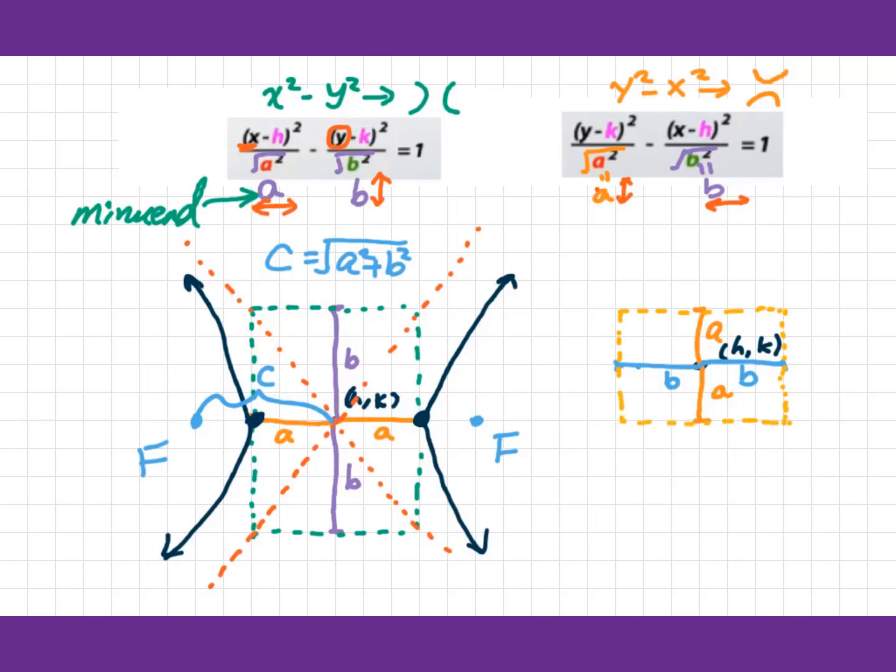For this rectangle, you need to draw the diagonal lines, which will be the asymptote lines. Since this hyperbola is vertical, this will be the vertex. We sketch the graph like this.